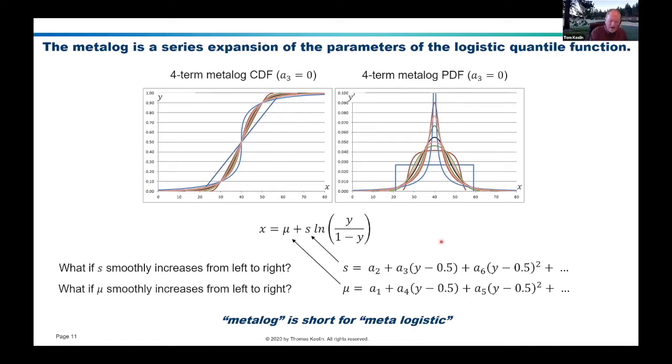So that leads us, if you just make these substitutions, substitute this series in there for mu, substitute this series in there for s, you end up with an equation.